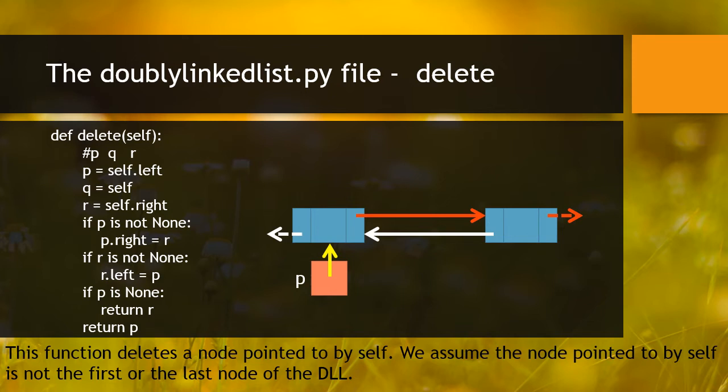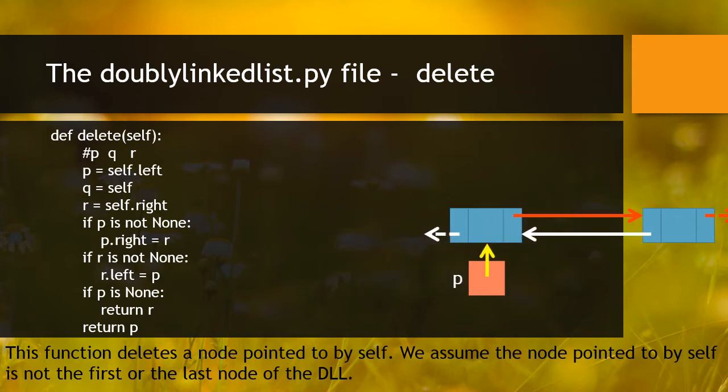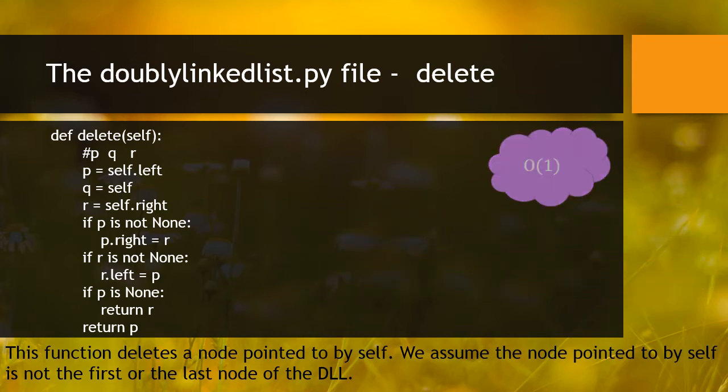P is not none. So we will not move into the body of the last if, and we will go to the last line which says return P. People might ask where R went. R fell out of scope when the function completed. So P is returned and the O notation is 1.